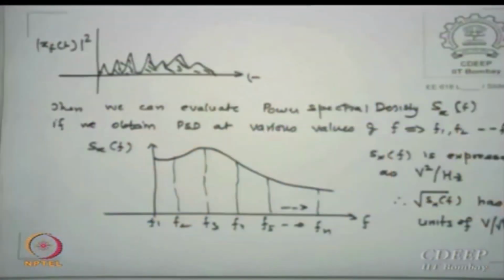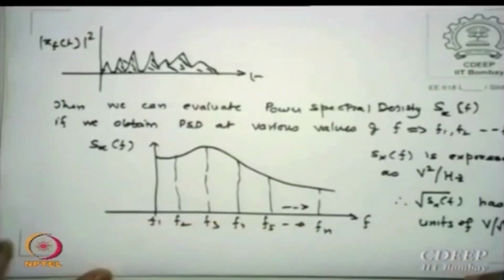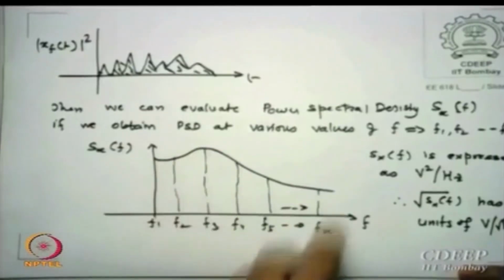So what is my next stage? At different frequencies I evaluate xf2 square, xf3 square. Every time I have a band pass of 1 Hz around the frequency of my choice. So if I do this SXF at different frequencies and take the average value of that, I get a spectra.